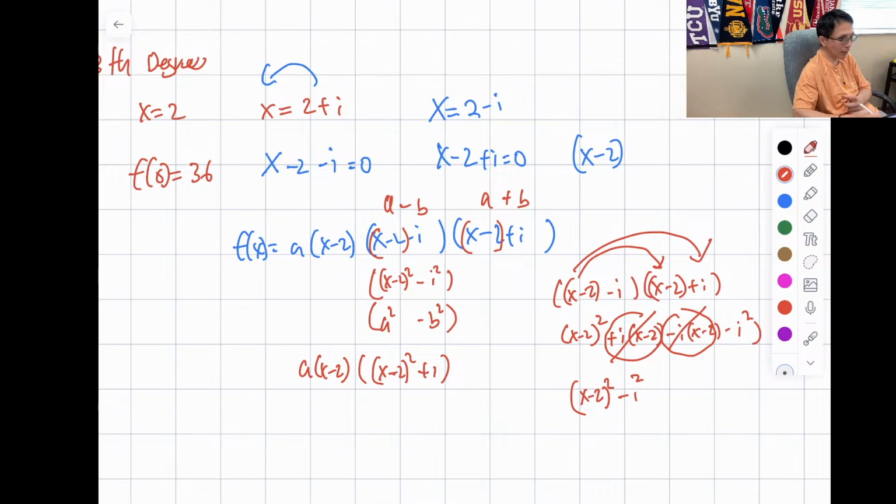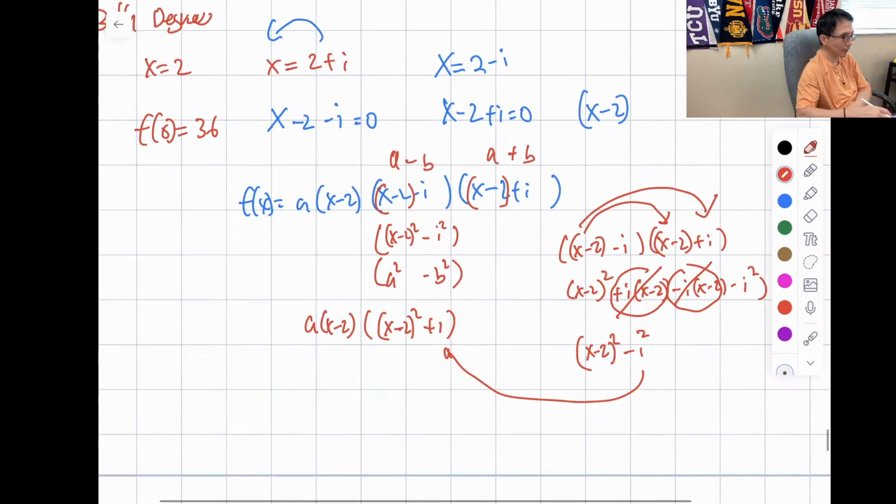And i squared is -1. So if you change the -1 to here, it becomes positive 1. Is this okay?